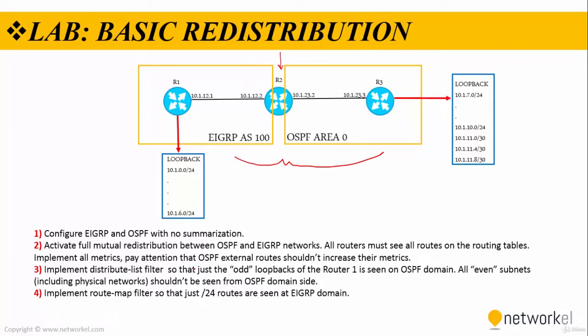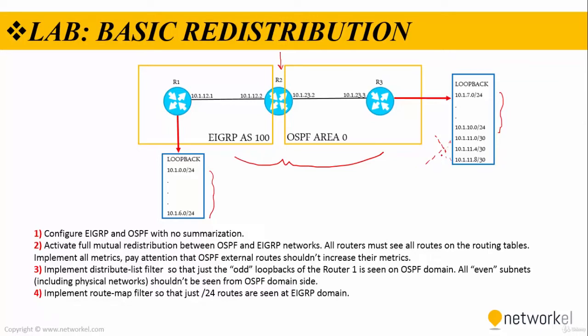Then I'm going to implement a distribute list so just the odd loopbacks of router 1 will be visible to the OSPF domain. Then I'm going to implement a route map filter so that just /24 routes are seen at the EIGRP domain. Just /24, and I don't want these /30 routes.